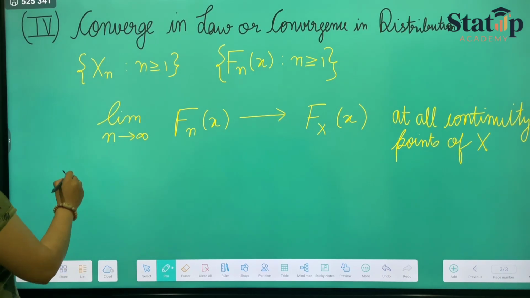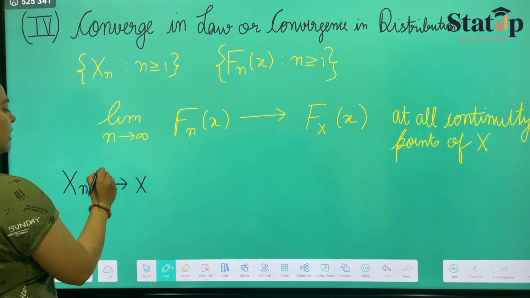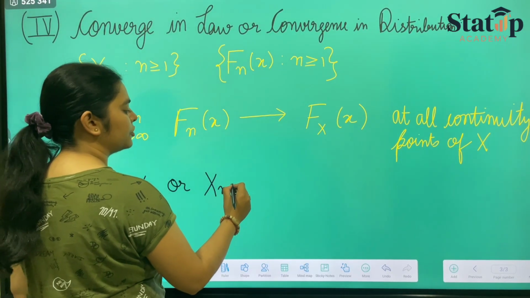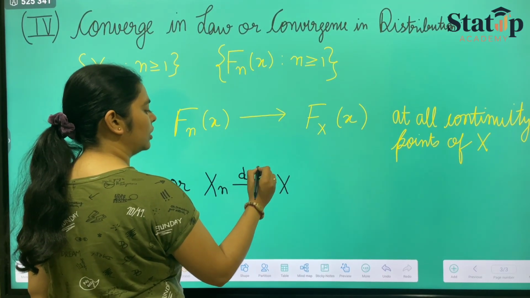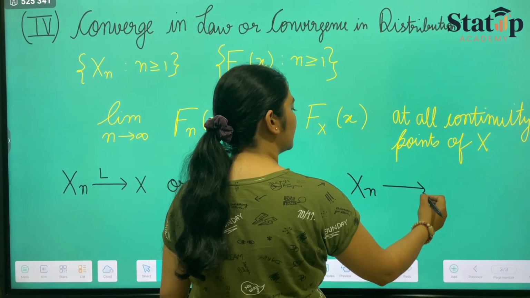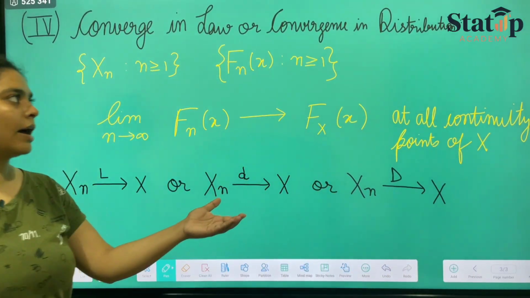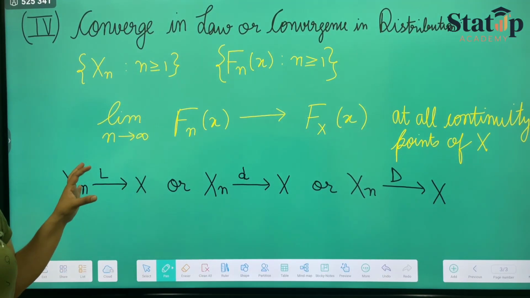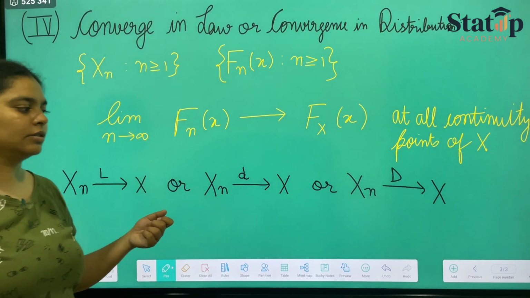If we want to represent it, it can be represented by Xn converges to X in law, or Xn converges to X in distribution, which can be denoted by small d, or Xn converges to X in capital D. Small d or capital D both are for convergence in distribution. We can represent this mode of convergence with any of these three notations.